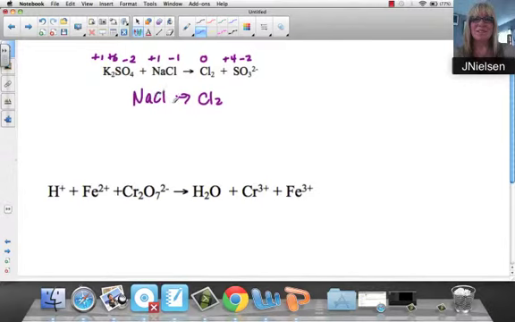So the first thing I have to do is balance mass. I have 1 Cl here, 2 Cl's here. So the first thing I'm going to do is put a 2 in front of this NaCl. Now my Cl's are balanced, but I have to balance my Na. So I'm going to need to add 2 Na+ to this side.